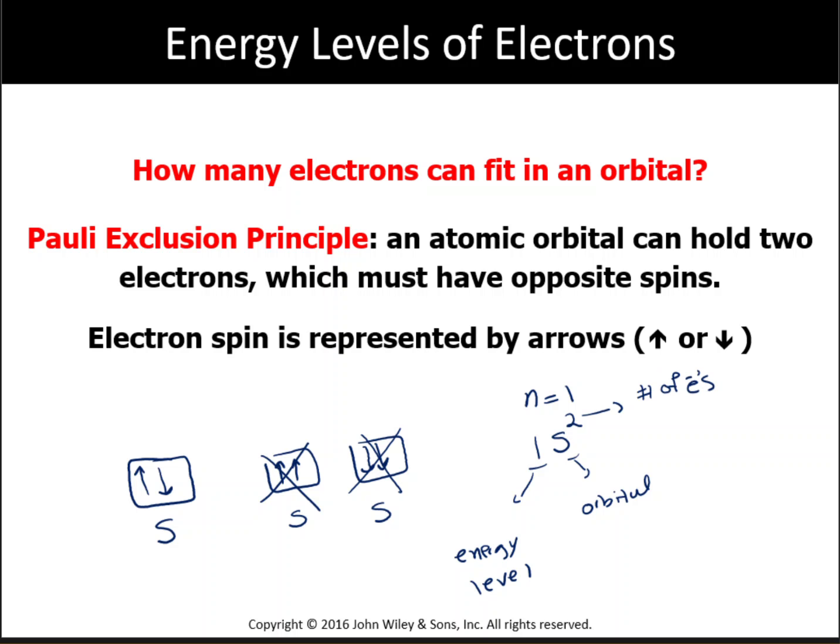We will practice more on this. So in energy level 1, we only have one sublevel, the s sublevel, and the s sublevel has only one orbital. Therefore, the maximum number of electrons we can fit in the first energy level is 2, because we only have one orbital in the first energy level.